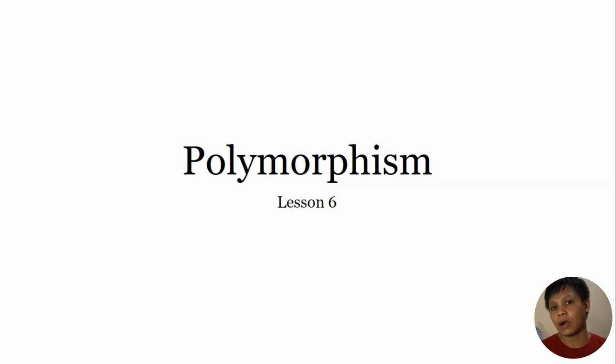Polymorphism. Now, I already mentioned polymorphism in our previous video about inheritance. The reason for that is that polymorphism and inheritance are interconnected, very much related. It doesn't mean that when you have a base class and a derived class, you already achieve polymorphism.